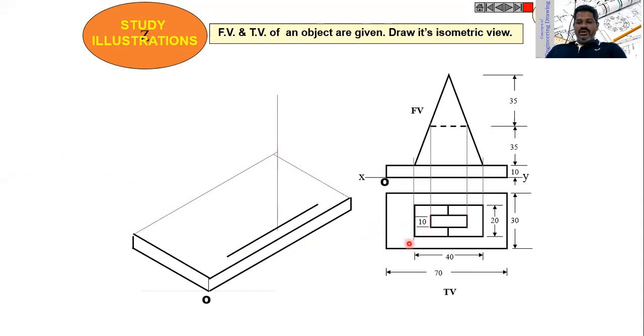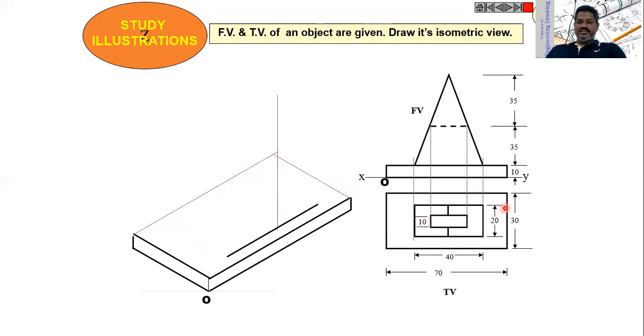Draw a line at a distance: the overall width is 30, and at the middle we have 20, so that it is 5 and 5. At a distance of 5, draw a construction line. The length of this line is 40, from this corner at a distance of 5.